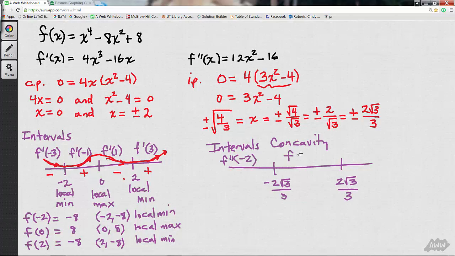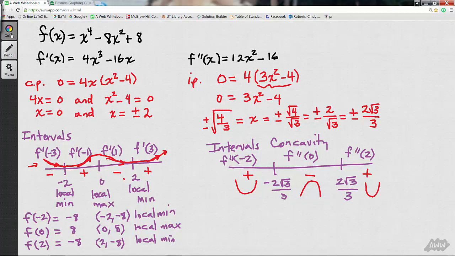This interval, I picked 0. And this interval, I picked +2. And what that gave me was this interval was positive, which means concave up, and you can certainly see that happening over here. This interval was negative, so concave down, and then this interval was positive, concave up.